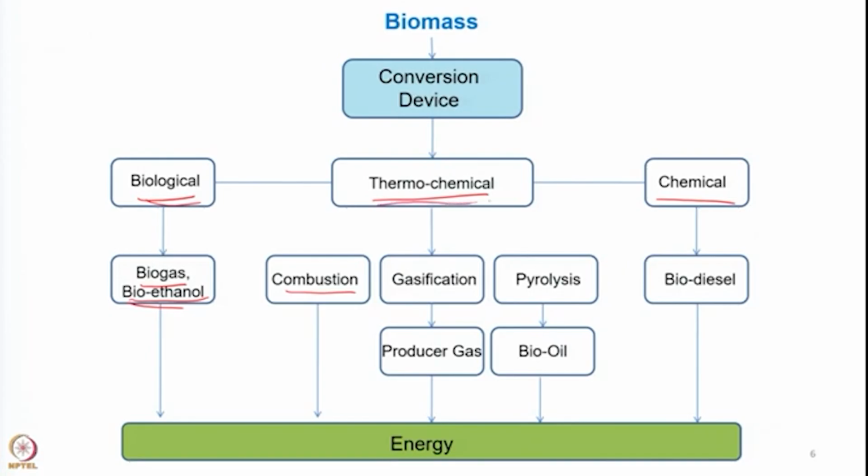The second major process is thermochemical, and here also combustion. Combustion is basically nothing but fire. We burn dry wood and we get heat and light. Getting controlled fire for heating and lighting purposes is actually the oldest and the biggest achievement, or you can say invention or innovation, of human civilization.